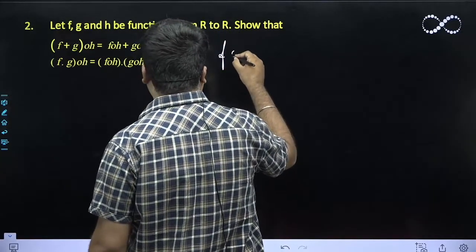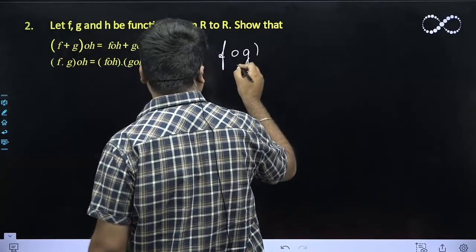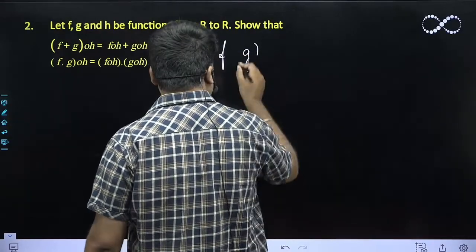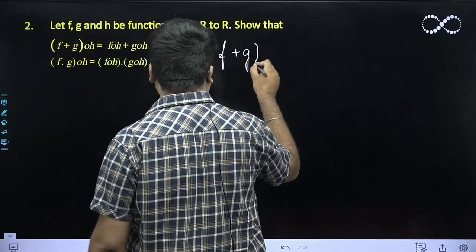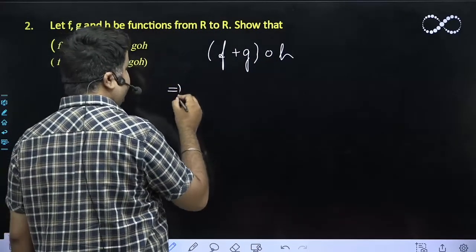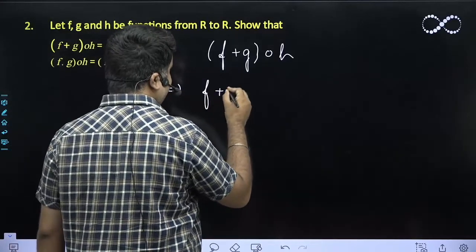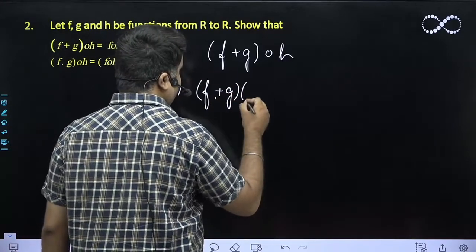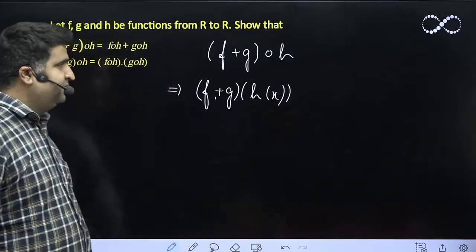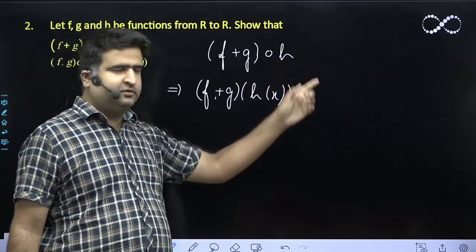We have (f + g)∘h. So what does this mean? This actually means (f + g)(h(x)), right? This is the meaning of this.